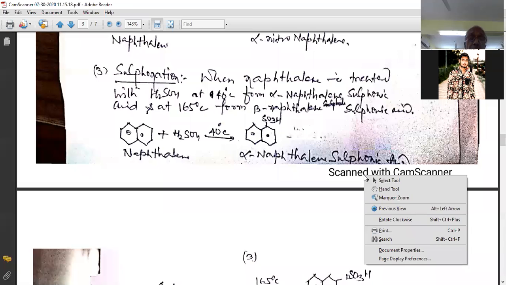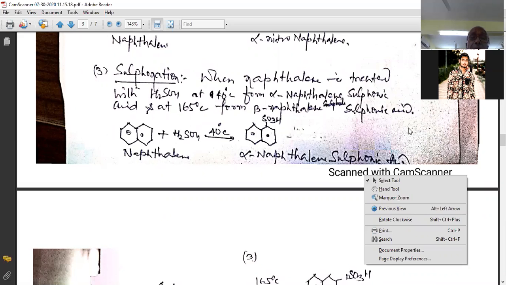And there is sulfonation. When naphthalene is treated with sulfuric acid at 40 degrees centigrade, alpha naphthalene sulfonic acid is formed, and at 165 degrees centigrade it forms beta naphthalene sulfonic acid.